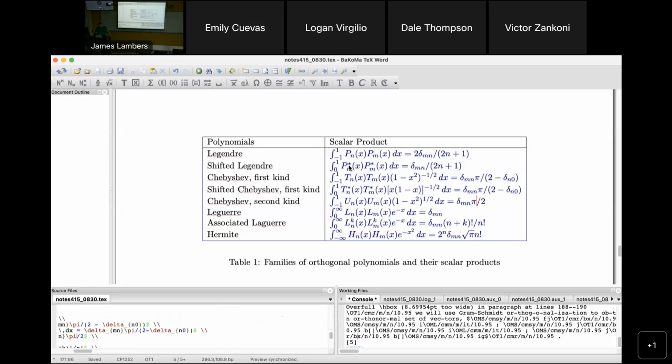Pn star is to refer to the shifted Legendre polynomials, to distinguish from Pn. So that's an unfortunate choice of notation, like the textbook. Same here we have a Chebyshev polynomial of the first kind, Pn, and then the second kind, Pn star. So some of these polynomials we will see later on in this class. Now each scalar product you can conceive of, whatever interval, whatever weight function, gives rise to a different set of orthogonal polynomials.